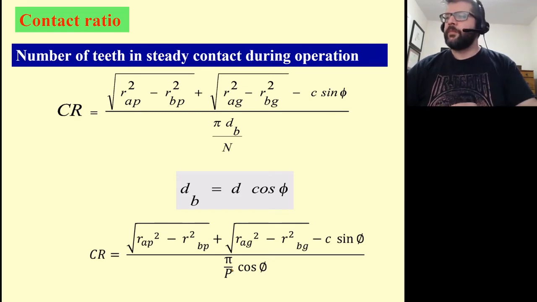Then we're left with everything as a function of the base circles, addendums, the pressure angle and the pitch.